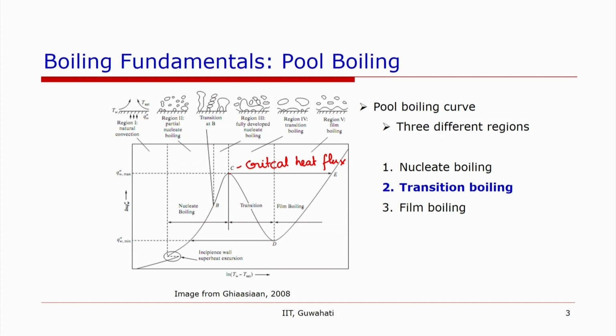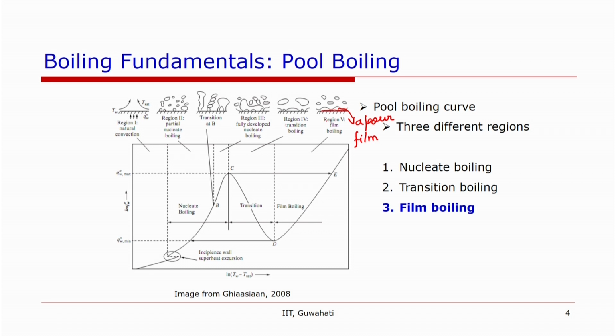Now as the heat flux is increased further, the film boiling happens. So in this case, a continuous film of vapor separates the solid wall. So this is a vapor film. This separates the solid wall from the liquid region.